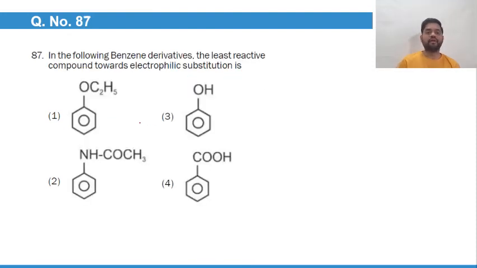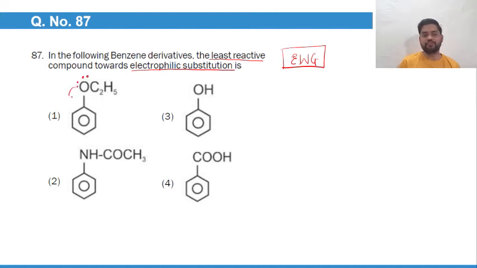87. In which of the following benzene derivatives is the compound least reactive towards electrophilic substitution reaction? Least reactive towards electrophilic means the group attached to benzene is an electron withdrawing group, because an electron withdrawing group makes the benzene ring less reactive, whereas an electron donating group increases the reactivity. Here oxygen is there. How to identify donating or withdrawing?